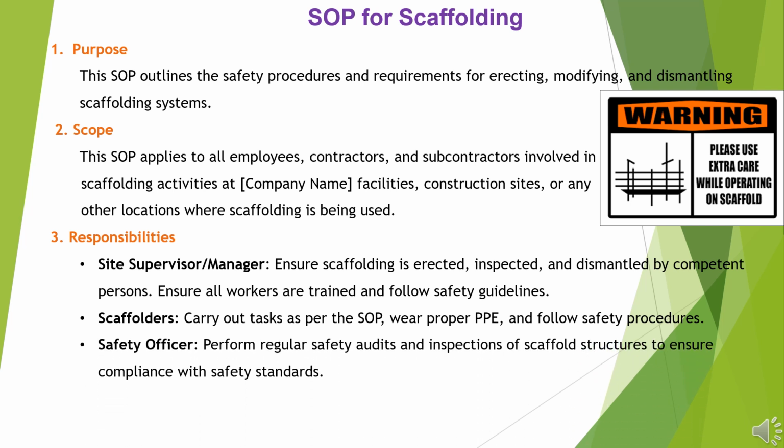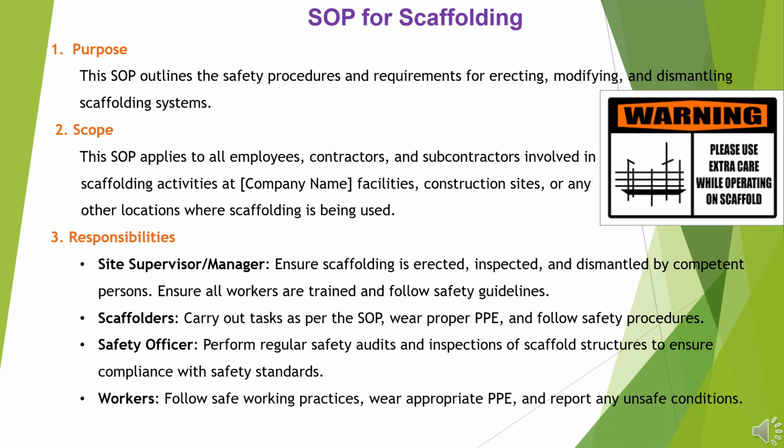Safety officer: Perform regular safety audits and inspections of scaffold structures to ensure compliance with safety standards. Workers: Follow safe working practices, wear appropriate PPE, and report any unsafe conditions.